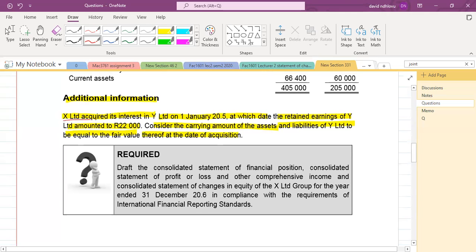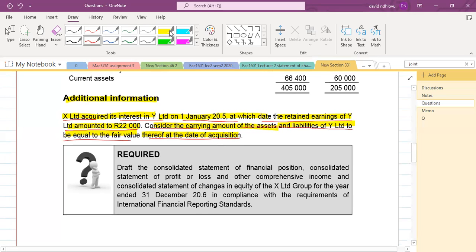So X Limited acquired its interest in Y Limited on 1 January of the year 2015, at which date the retained earnings of Y amounted to 22,000. Consider the carrying amount of the assets and liabilities of Y to be equal to the fair value thereof at the date of acquisition.